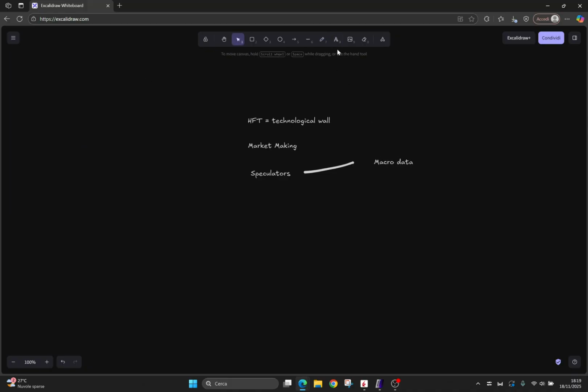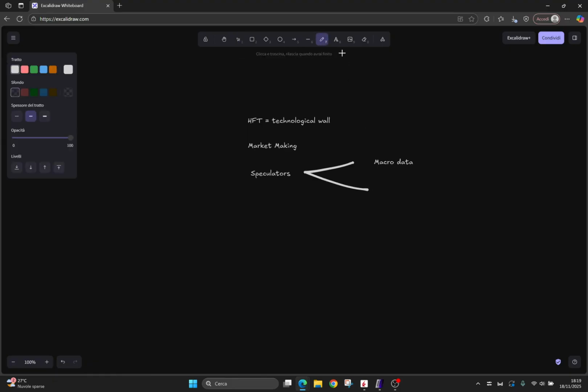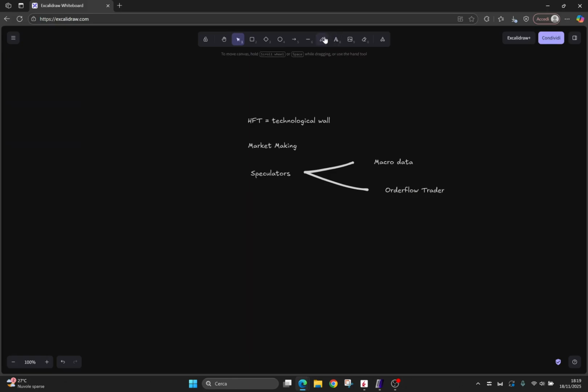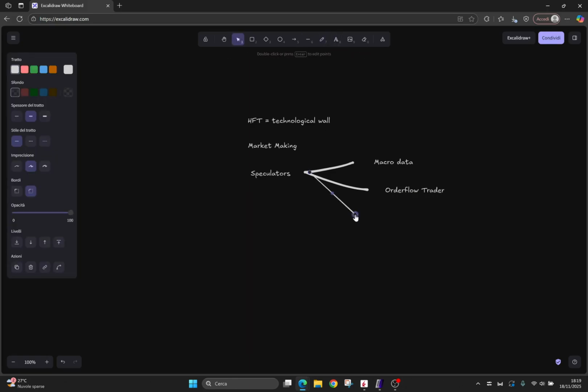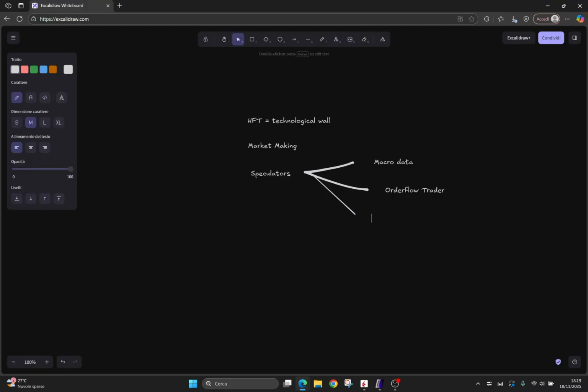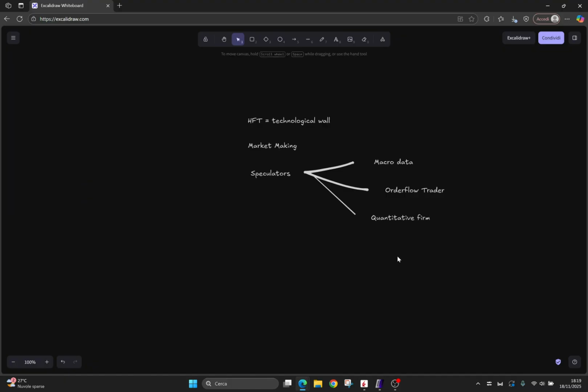So you can be mainly a fundamental trader, or you can be an order flow trader, or you can be a quantitative firm. So you use data.